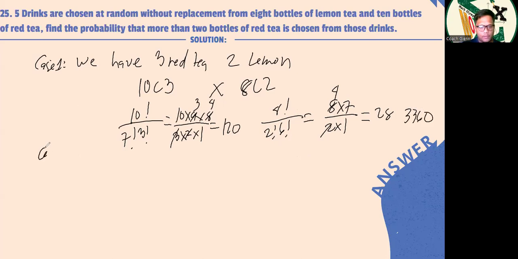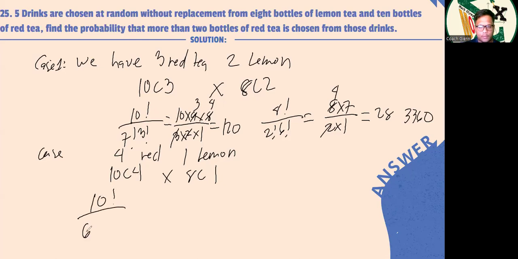Next, we have case 2. So we have 4 red and then 1 lemon. So since we have 4 red, that's going to be 10 choose 4 multiplied by 8 choose 1. So let's start with 10 choose 4. So that's 10 factorial over 6 factorial and 4 factorial.